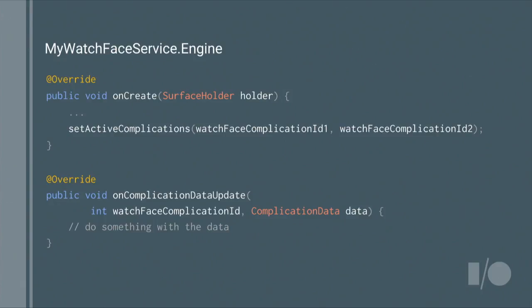The data will come with the watch face complication ID that it relates to. Now, you'll only receive data when it changes, so you'll have to hold on to the complication data object. And any images, such as icons, should be loaded asynchronously, and be sure to cache them. Now, once you've got the data, it's up to you how to incorporate it into your watch face. But before rendering it, you need to check if the data is still active.